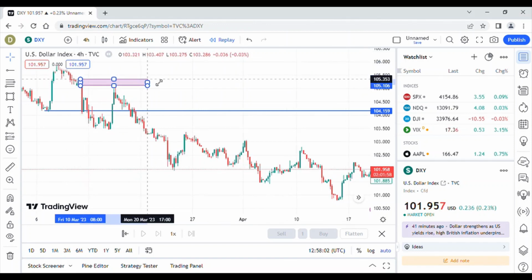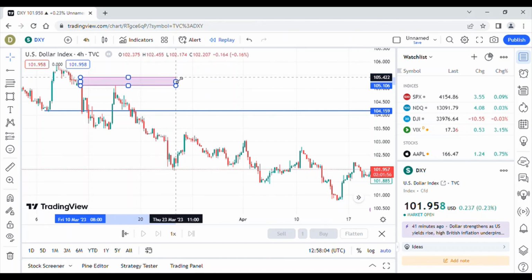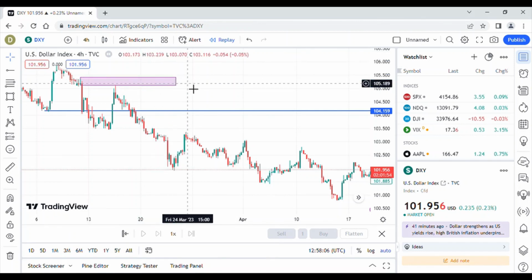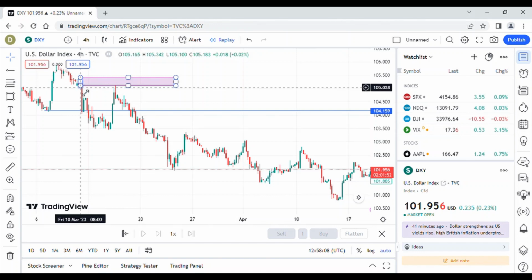There we go. That is an example of an order block. You understand? So what happened here? There was a bullish candle, and then there was a strong impulsive bearish candle that broke. That's an example of an order block that was created with one candlestick.